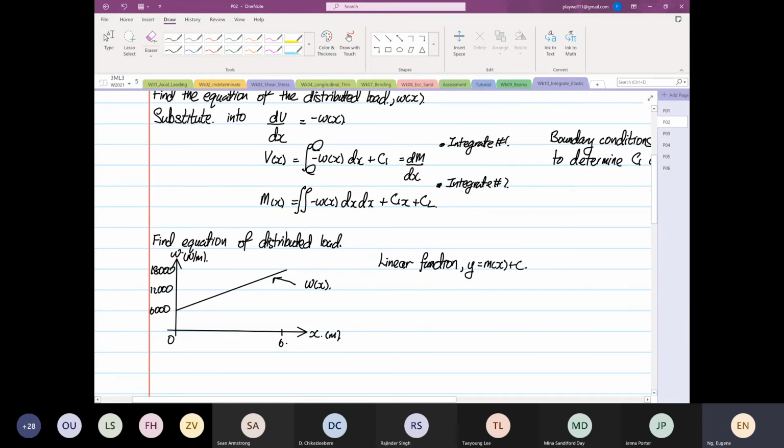We know the y-intercept is 6,000. The gradient we don't know yet, but it's a simple calculation over here. So omega as a function of x is equal to, the distance from here to here is 12,000, and the distance from here to here is 6.